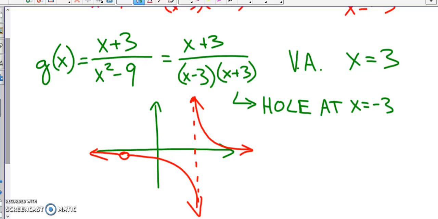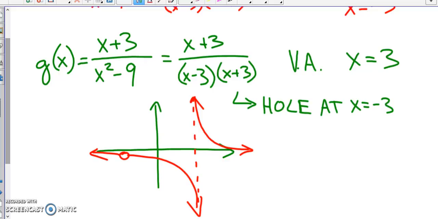Because 3 or -3 still isn't in the domain because it causes division by 0, but you get 0 over 0, which is an entirely different issue. So therefore, because there's no vertical asymptote there, because of the common factor, you get a hole in the graph. Does that at all make sense?